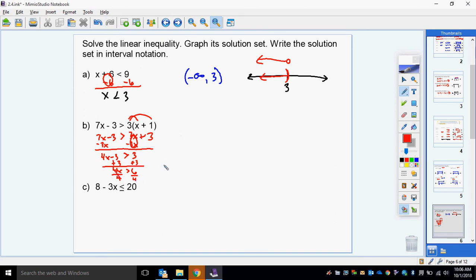And I get x is greater than 6/4. In other words, if I simplify it, it'd be 3/2. You can also think of it as 1 1/2. Either way, you have your answer. We need to graph it.